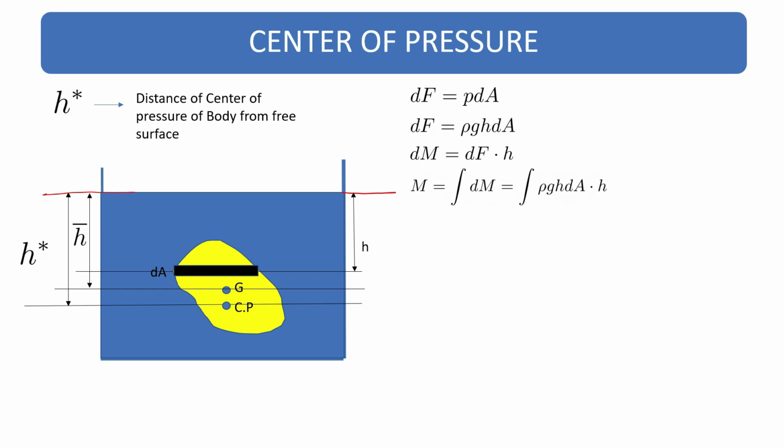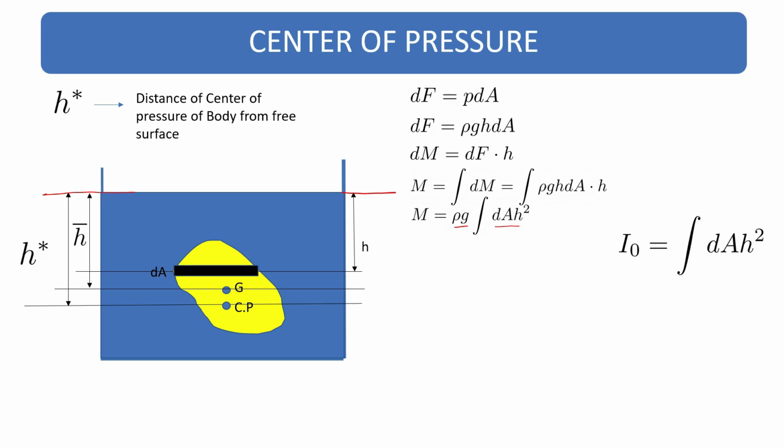So the total moment is equal to integral of dM, that is equal to integral of rho gh dA into h, because moment is equal to force into perpendicular distance, and total moment will be equal to rho g integral dA h square.